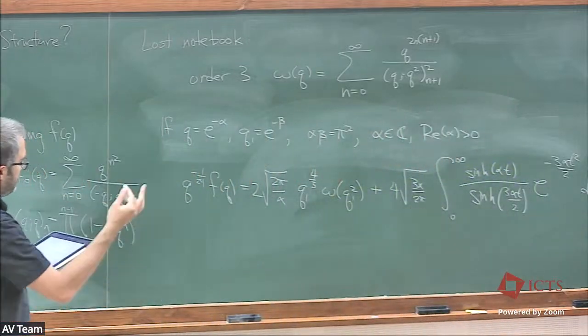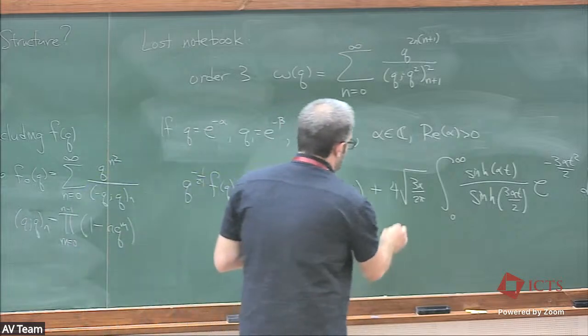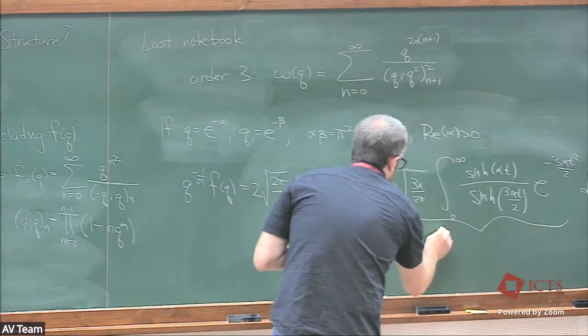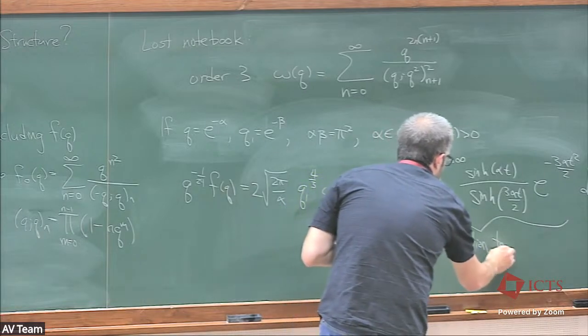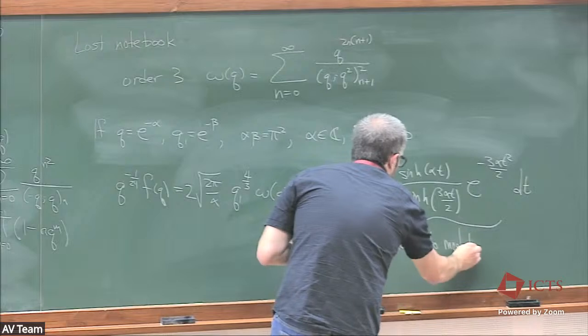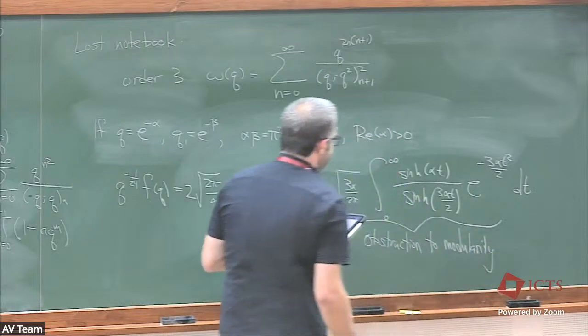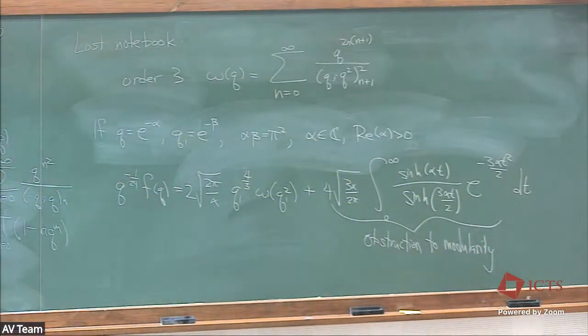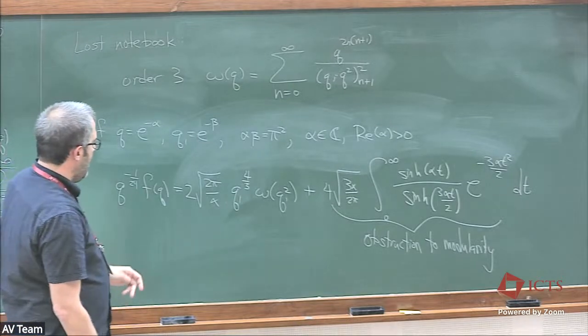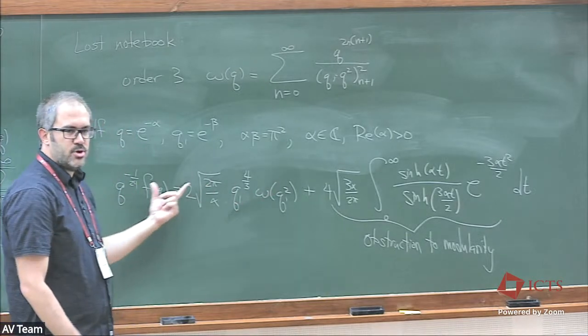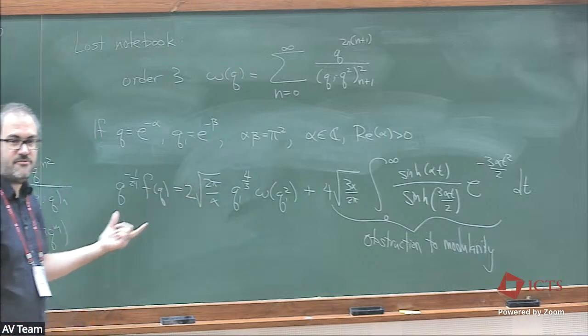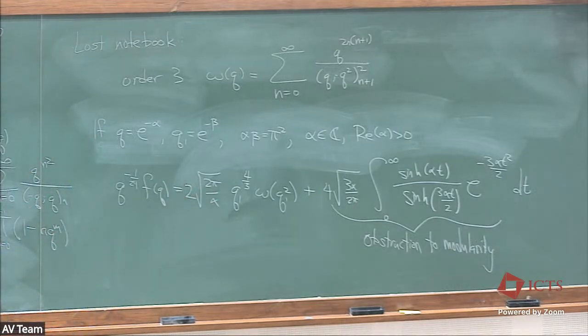So some kind of mysterious looking integral, and this is the obstruction to modularity. If that wasn't there, we would have an honest modular form. However, even with this, you can get some information about the transformation law for f of q, at least enough to be able to prove this formula using the circle method.